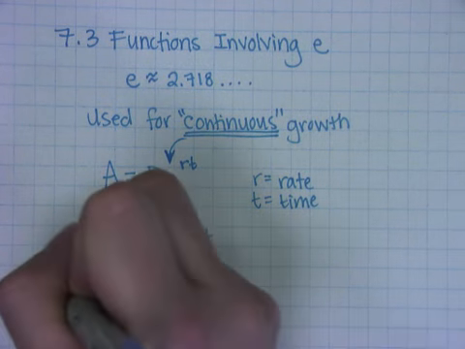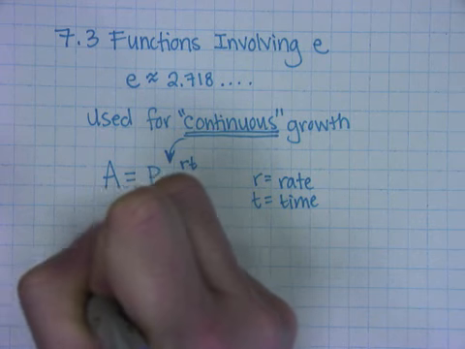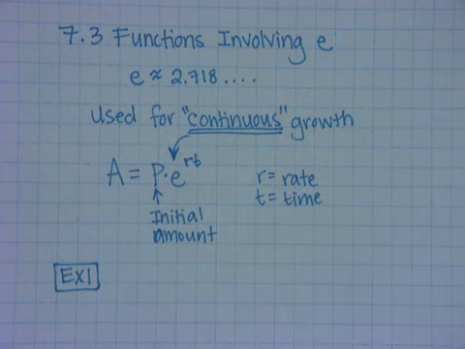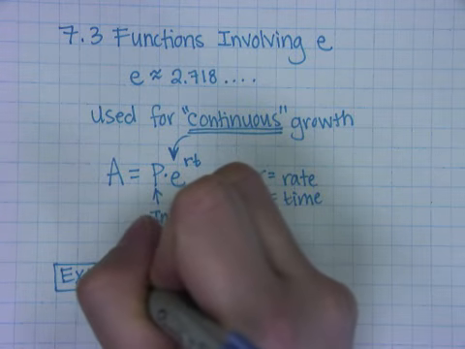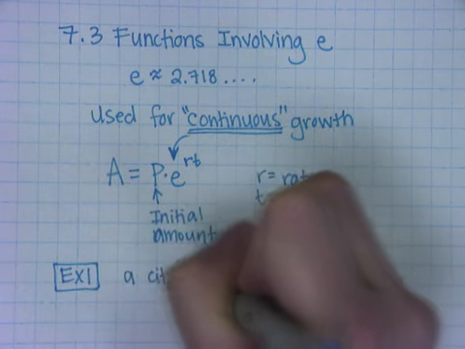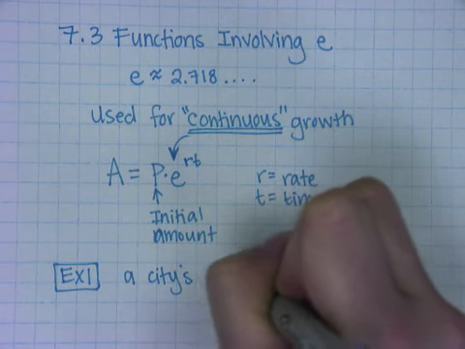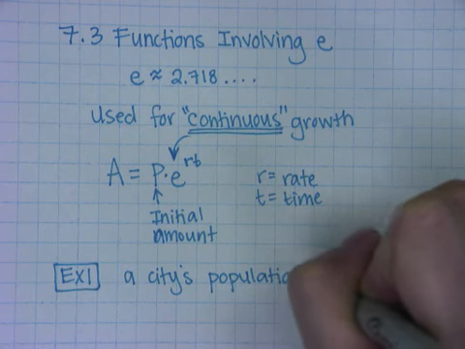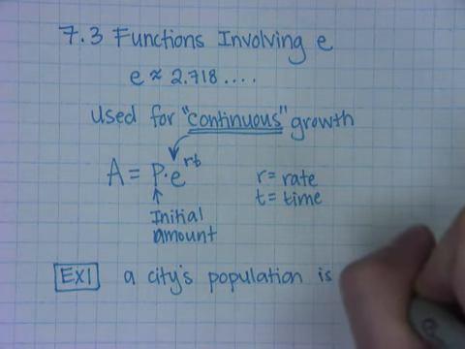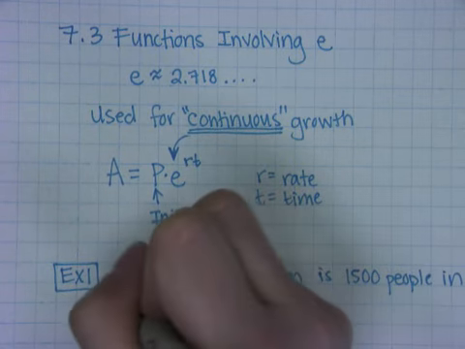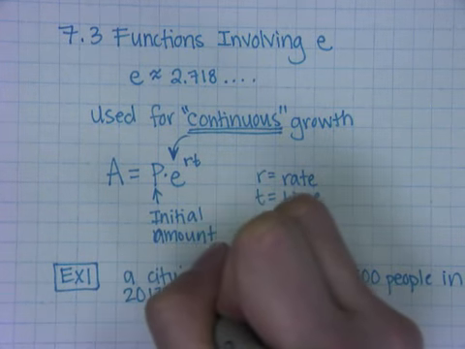So an example of somewhere that you might see a formula involving e or a problem involving e would be with population growth. So let's say a city's population is 1,500 people in 2013.